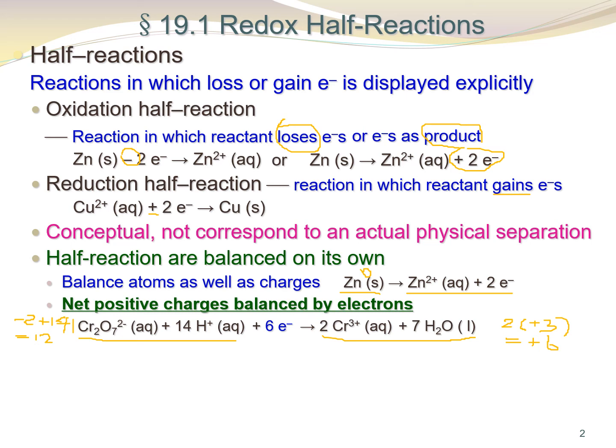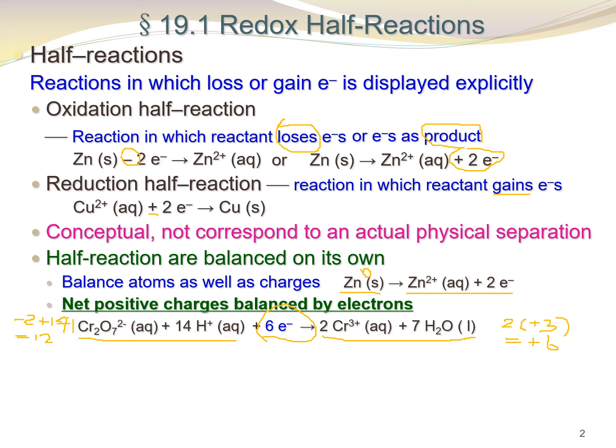One side has plus 12 charge, the other side has plus 6 charge. We need to add electrons to the side with the more positive charge in order to balance the charge. That is the reason why we add 6 electrons on the left. In this way, 12 can be offset by 6, so we have plus 6 on both sides.